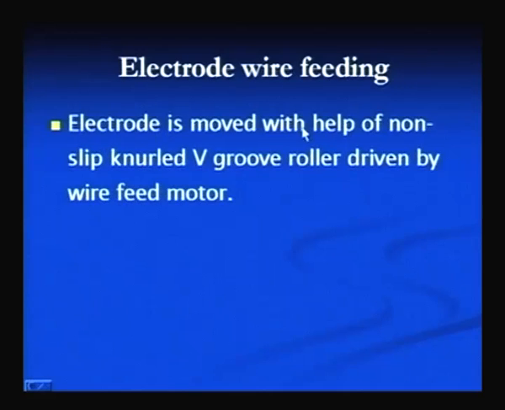The electrode is moved with the help of non-slip knurled V-groove rollers driven by a wire feed motor. Here the rollers used are knurled, meaning diamond-shaped impressions are formed on the active surface of the rollers, so that the grip between the rollers and the wire is very effective and slipping between the wire and the roller does not take place.